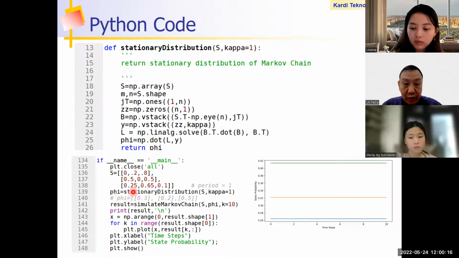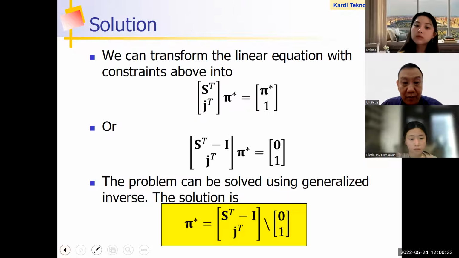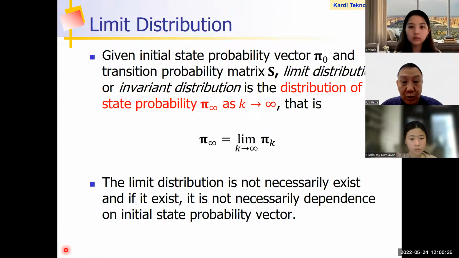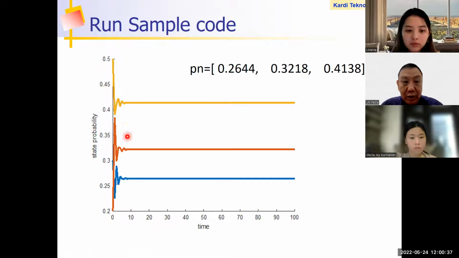Once you get the phi, you can also simulate what will happen. If you are correct, if you start with the stationary distribution, it will always be a straight line like this. Compare that with starting from any other value: initially it will move, and then it will go to the same value as the stationary distribution.